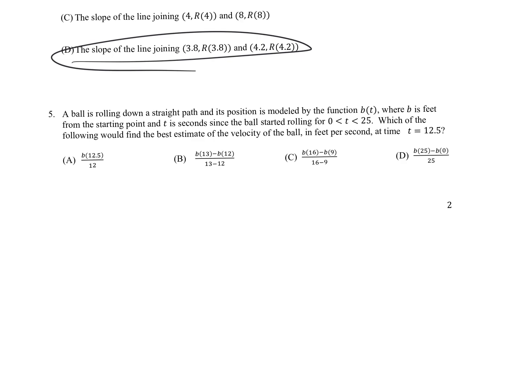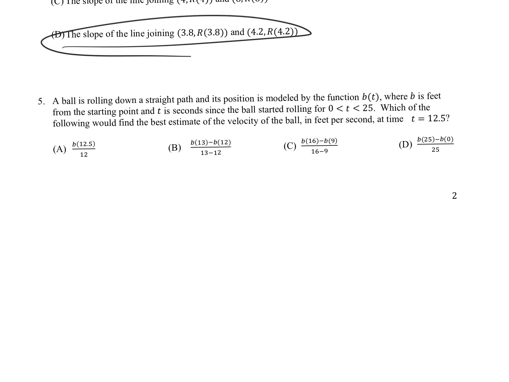Okay, one more of these. A ball is rolling down a straight path. The position is given by B of T. B is feet from the starting point, and T is seconds since the ball started rolling. Which of the following would be the best estimate of the velocity? They want a rate. Velocity is just a slope when T is 12.5.